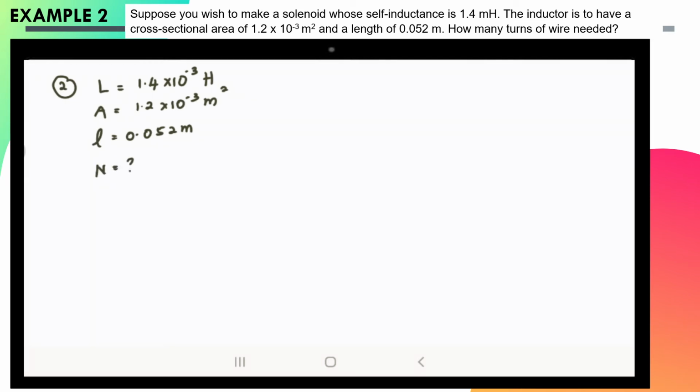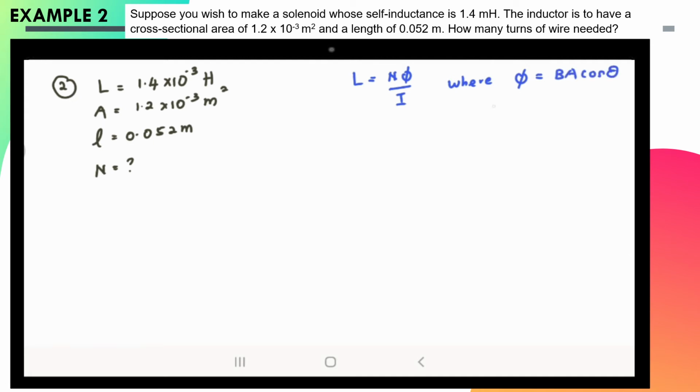So let's try to recall. The self-inductance L is equal to N times flux over I, where remember the flux is equal to BA cos theta.